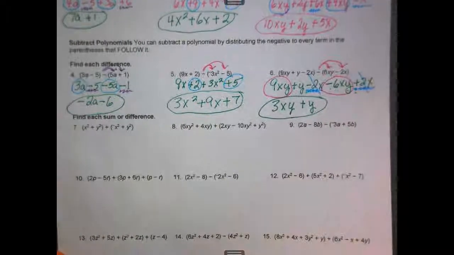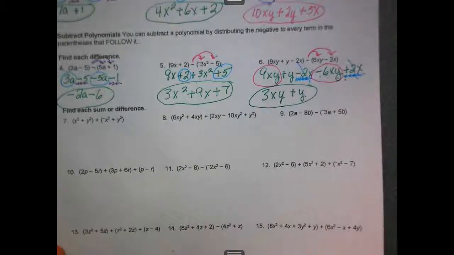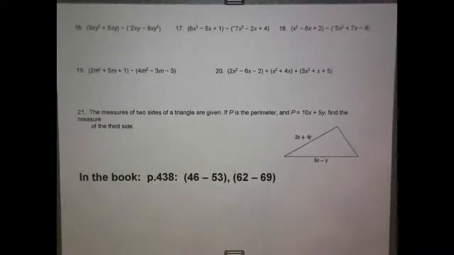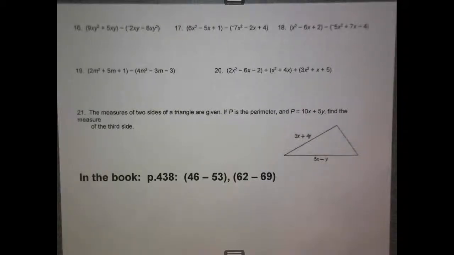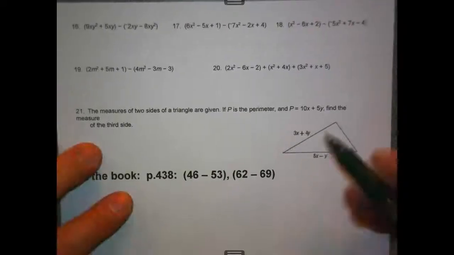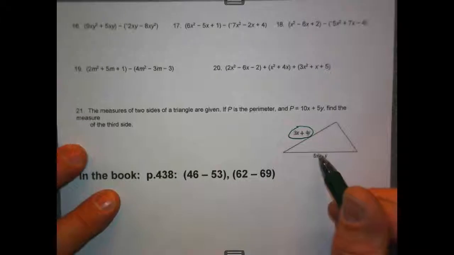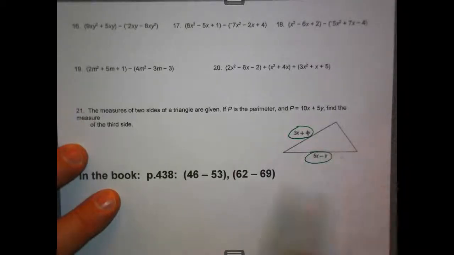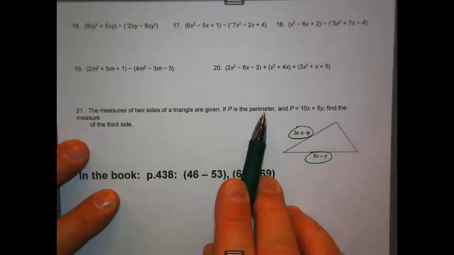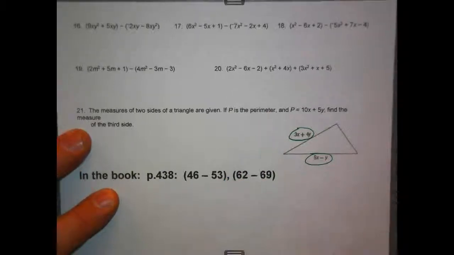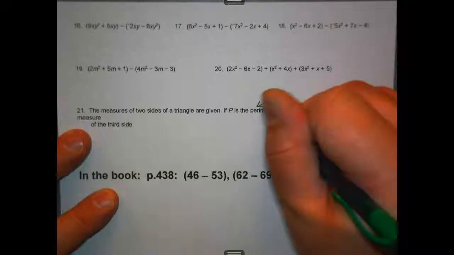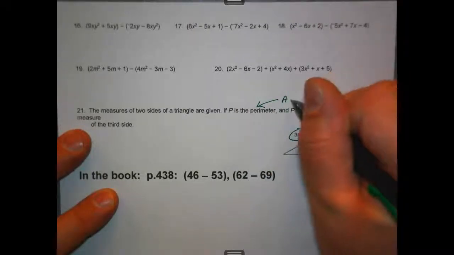Let's do the word problem on the back. 21, where it says the measures of two sides of a triangle are given. So we're given 3x plus 4y and 5x minus y. If P is the perimeter, how do we find perimeter? Add up all the sides, right?